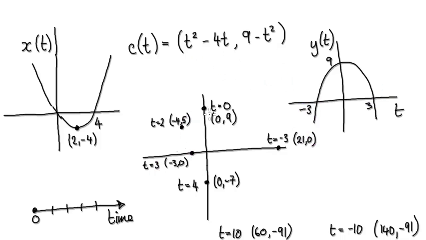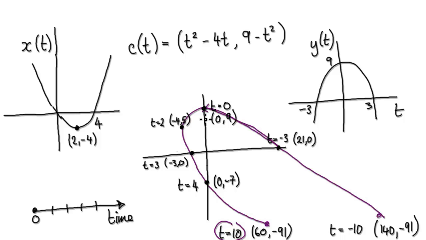So time equals 0, you start here. You will trace out this path here, and then time equals negative 3 would be like this. Then select t equals 10 or something, and it will probably be somewhere around here, and your curve will look something like this.